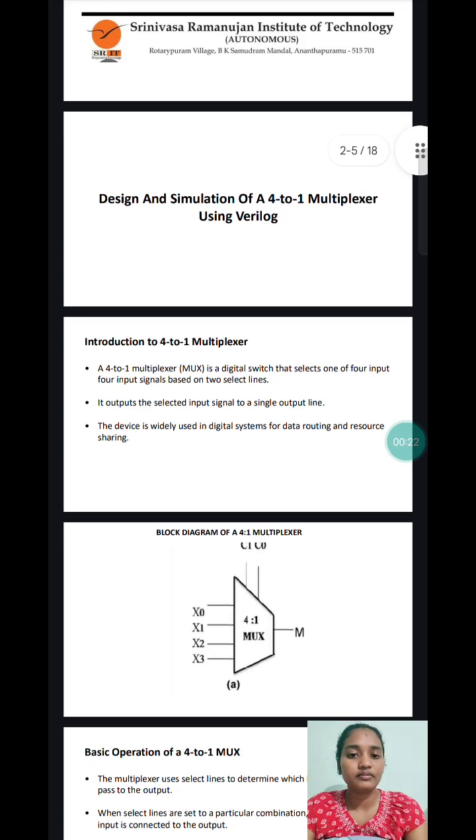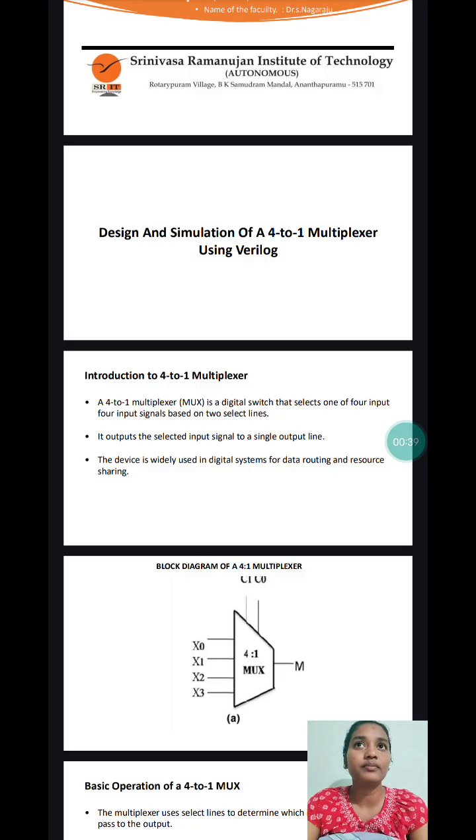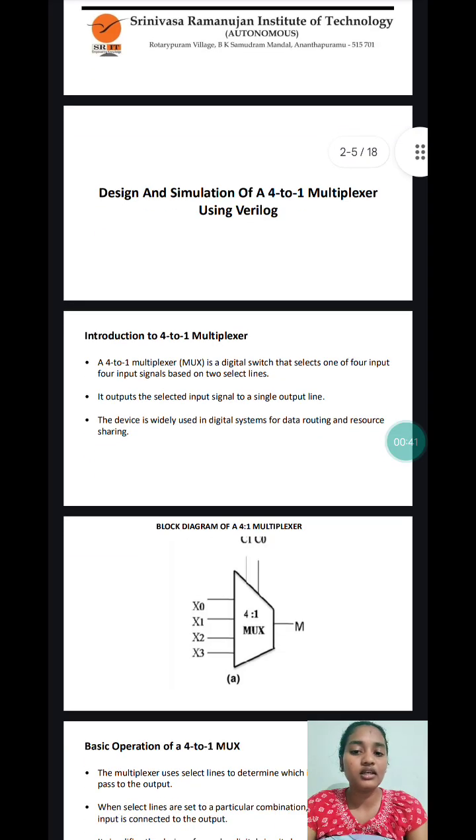Basically, what does it mean? What is a multiplexer? A multiplexer is a combinational circuit. It can store the data, and it reduces the complexity of a circuit. When we compare to other circuits, it makes it easy. I mean, it is not complex.